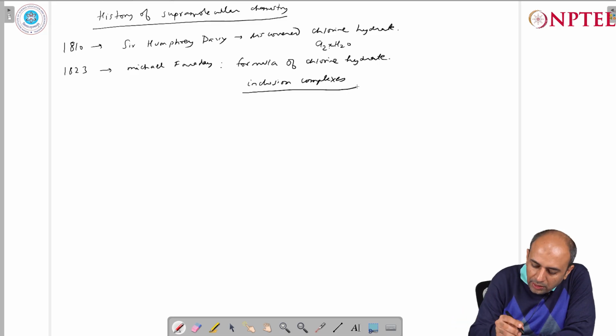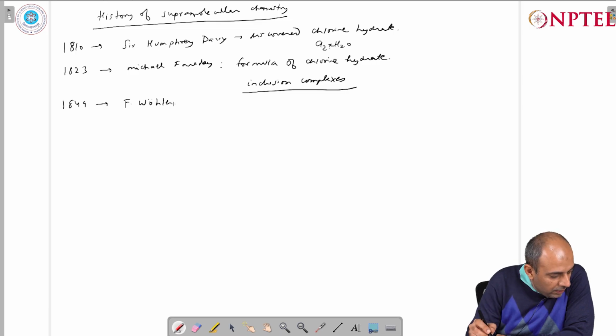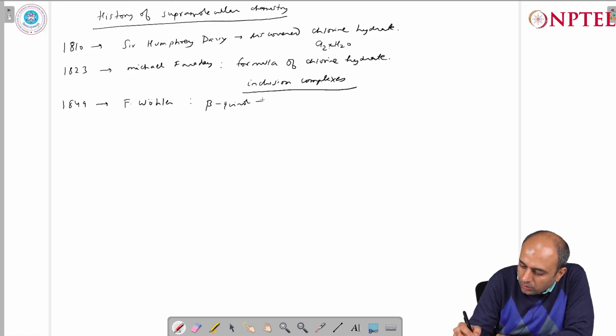For example, in 1849, F. Wöhler discovered the beta-quinol plus hydrogen sulfide inclusion complex.